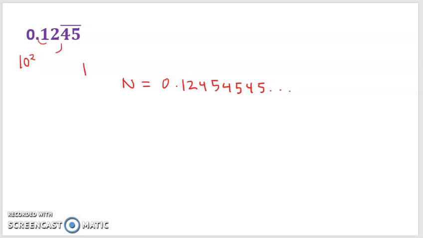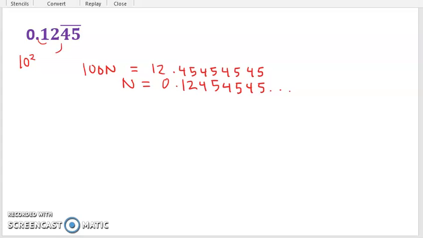So 100 of these n's equals, and I move the place over 2, it'll be 12.45454545.